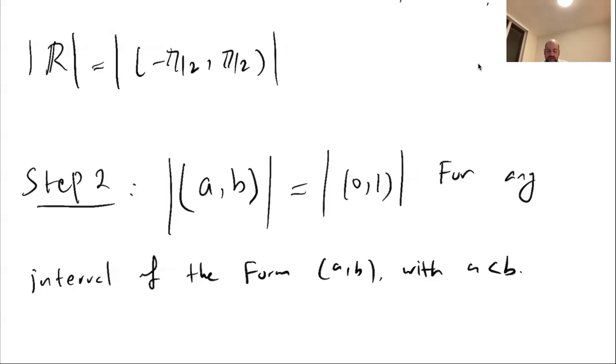So again, I need to construct a bijection f from 0 to 1 to A and B. What happens if you want to go from 0 and 1?